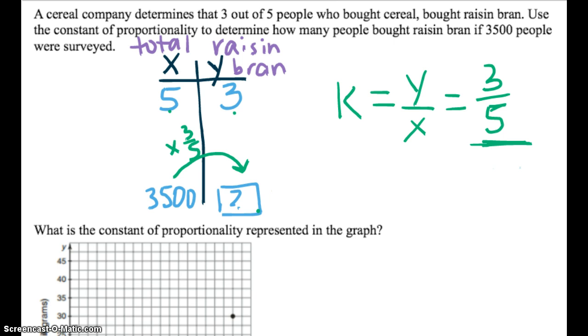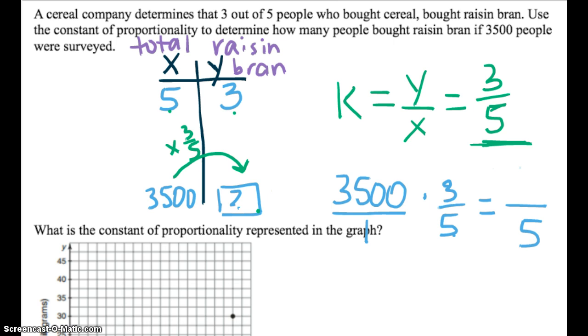So let's try that. Let's do 3,500 times 3/5. So that's going to be 3,500 over 1 times 3/5. So we have to multiply numerator by numerator, denominator by denominator. So 1 times 5 is 5, and 3,500 times 3 is 10,500.